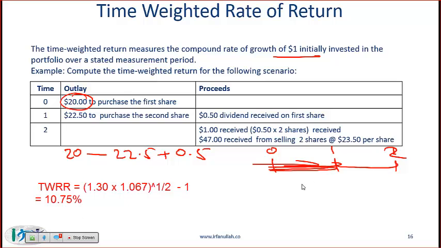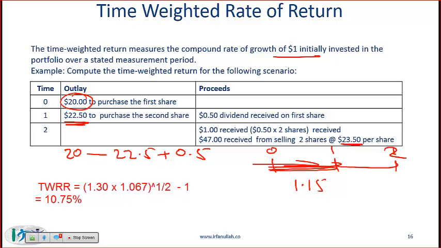What's the return over the second year? In the first year you had $1 become 1.15. In the second year you buy a stock for 22.50. At the end of the year that stock is worth 23.50 plus you get a dividend of 50 cents.